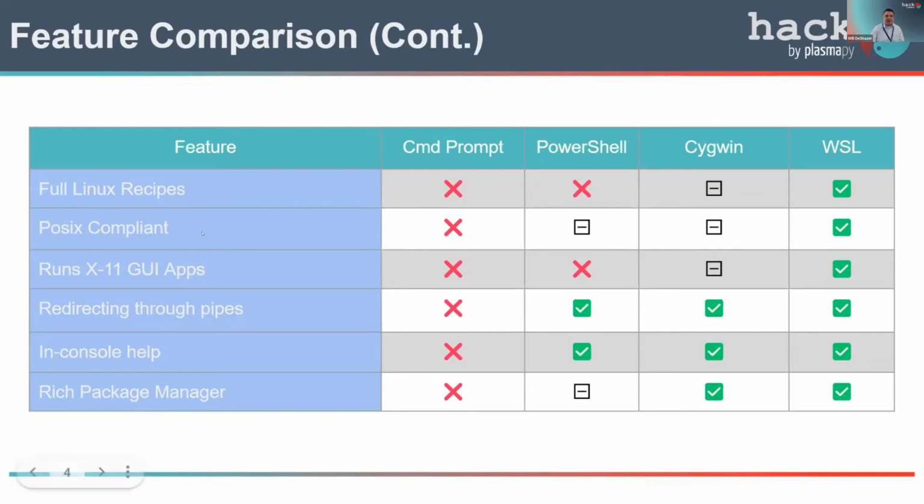POSIX compliance. The only one that's fully compliant would be WSL. Cygwin is almost fully POSIX compliant, and PowerShell did as much POSIX compliance as they could. But POSIX compliance has to do with how you pass arguments, and well, one of the features of POSIX compliance is how you pass arguments into your executables. So, your command line arguments, argv. I know Eric has an example of using argv.